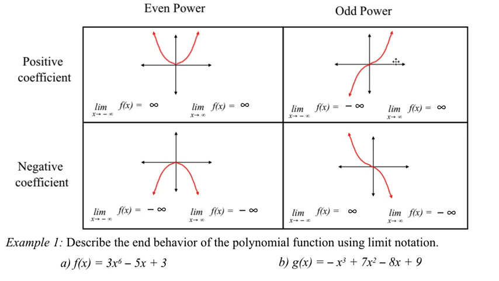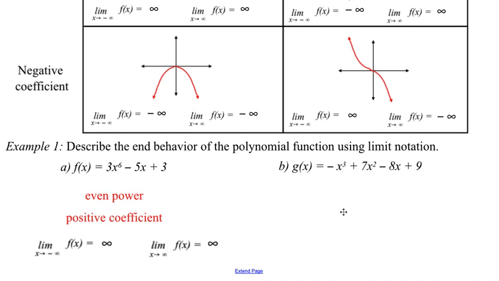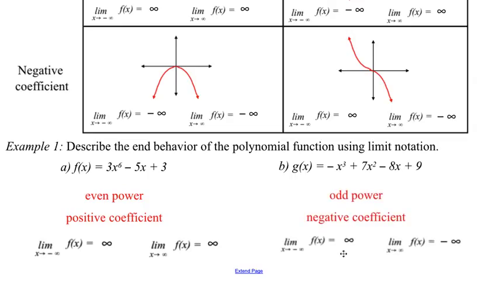So odd power, negative coefficient, that's down here. So our end behavior should be as x goes to negative infinity, we'll go to positive infinity, and as x goes to positive infinity, we will go to negative infinity. So that's how you're going to use that table to help you describe the end behavior of any polynomial function.